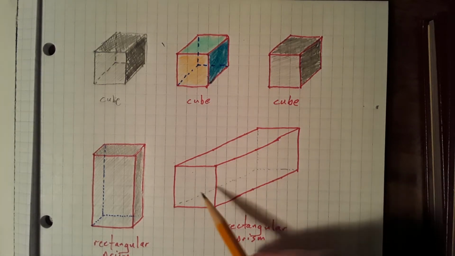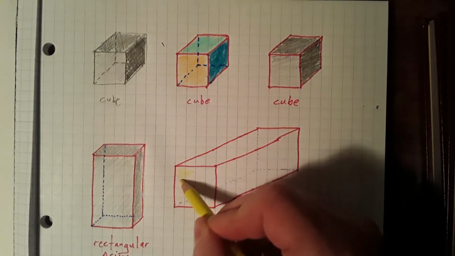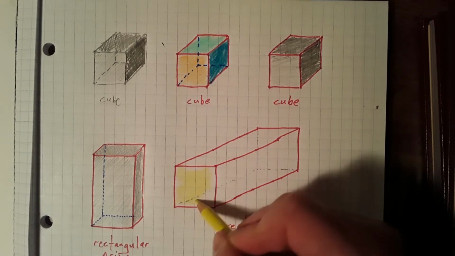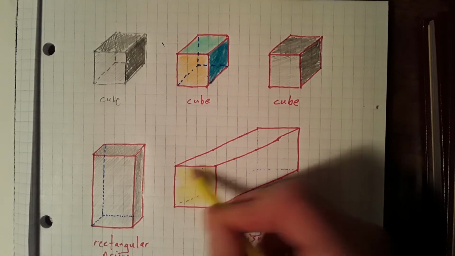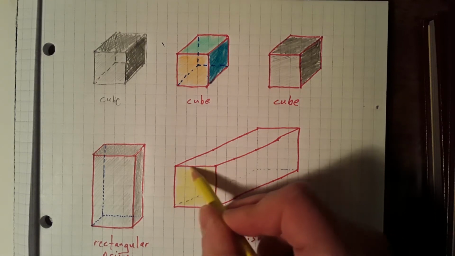So in this case, the squares in the front and the back would have one dimension, and then the other 4 rectangular faces would all be identical.